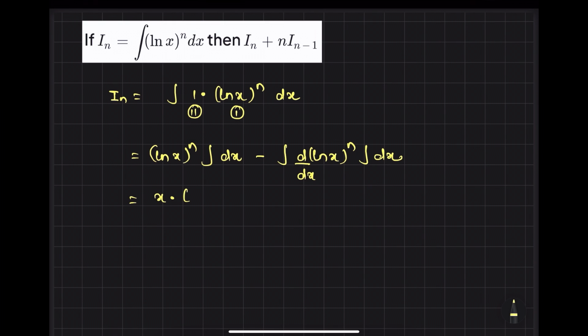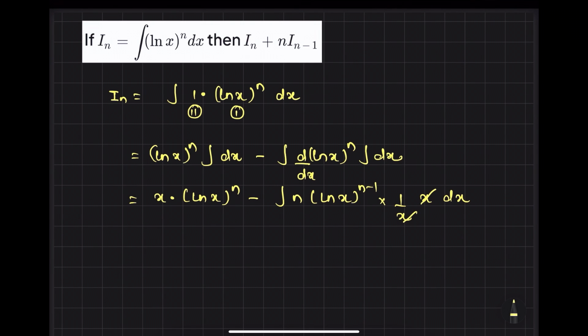So x times (ln x)^n minus, what is the differentiation of (ln x)^n? It is n times (ln x)^(n-1) into 1 by x. And what is the integration of 1 dx? It is x, and whole dx.